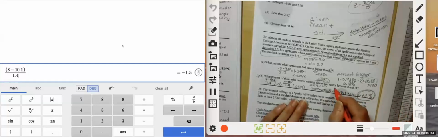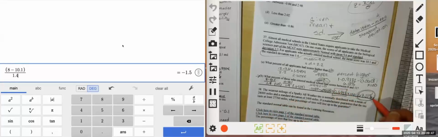So if it asks for a percent, you need to put a percent sign on it, or you need to leave it as the 4-digit decimal. If you put it as 67.21 and you don't put the percent sign on it, it's going to mark it wrong. If you write out the whole decimal, it'll count that correct.